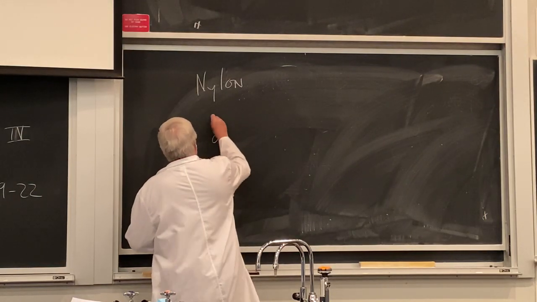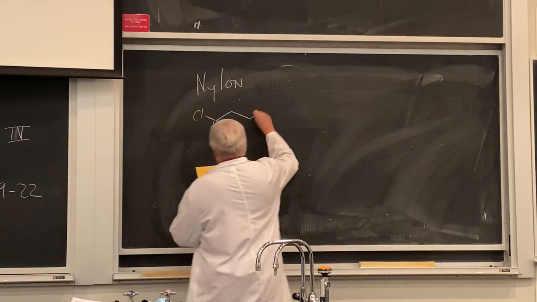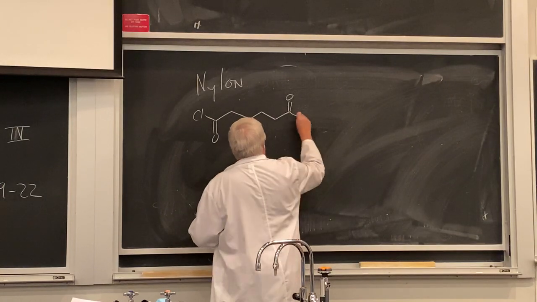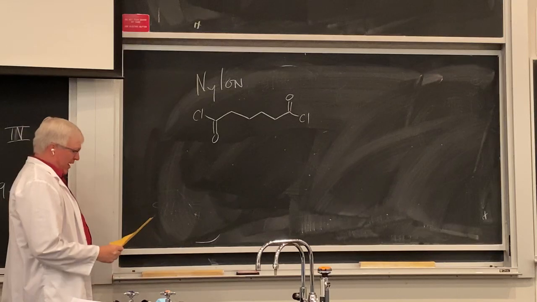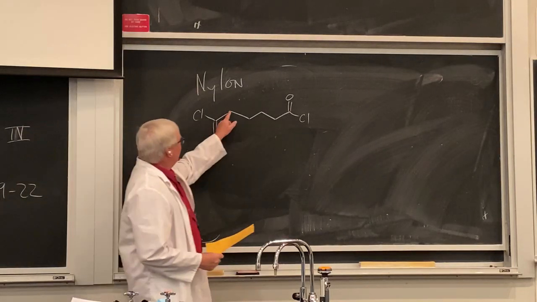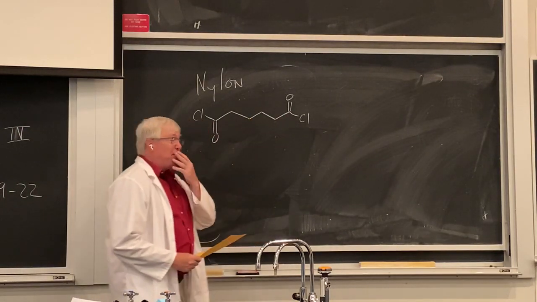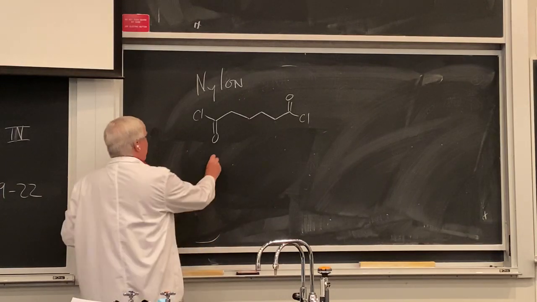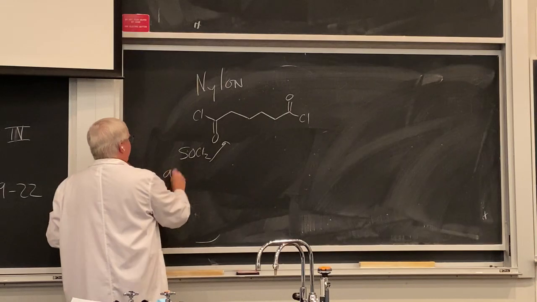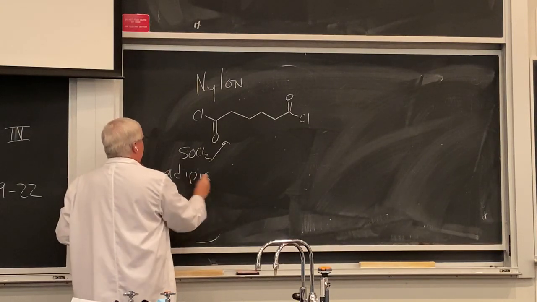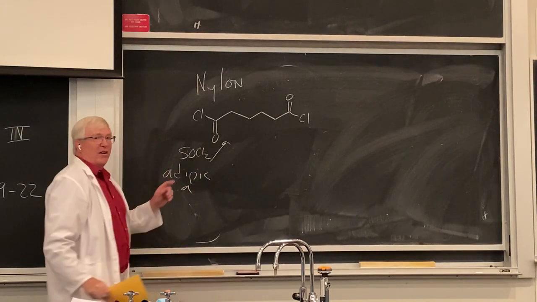this material, which is a dicarbonyl carboxylic acid chloride, right? And that's from adipic acid. 1, 2, 3, 4, 5, 6. Yeah, 6 carbon diacid. But yeah, he took adipic acid and treated it with thionyl chloride. Okay, and that's a naturally occurring thing, right?